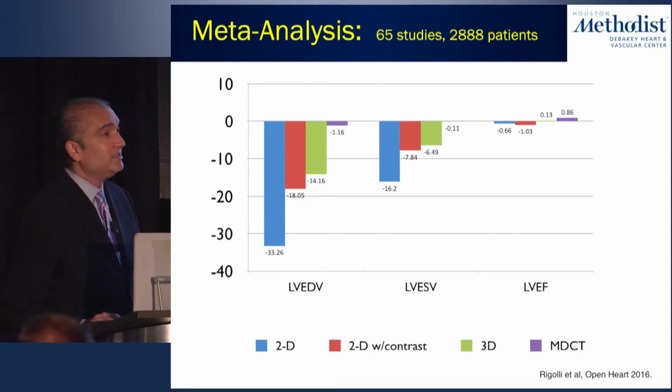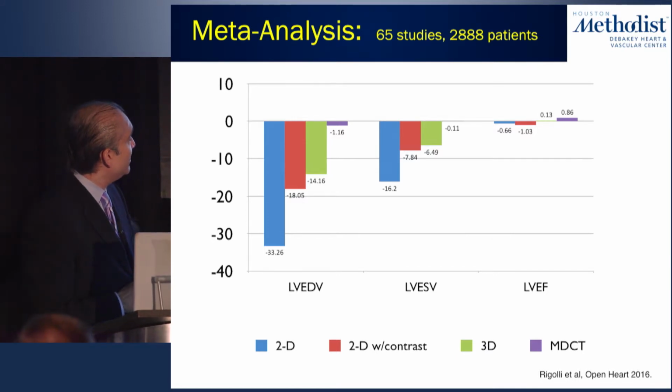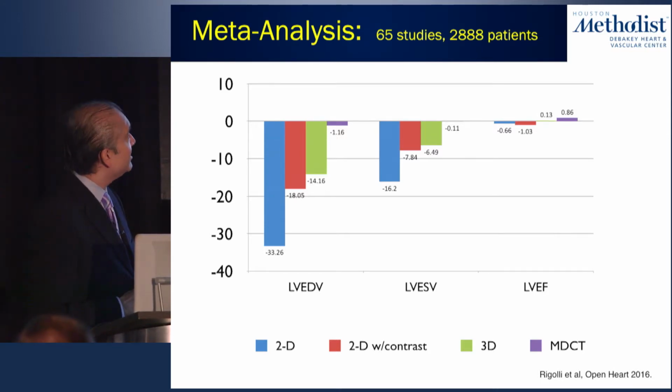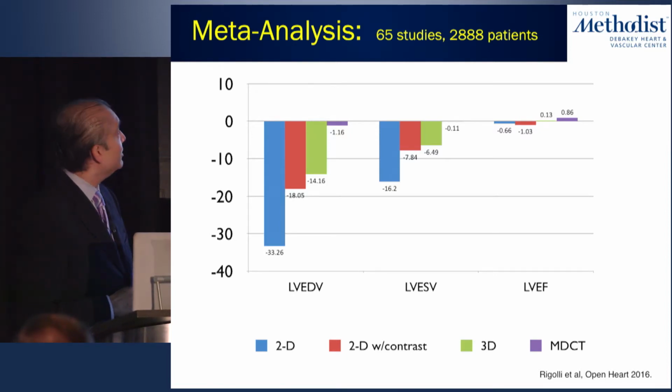This actually is a meta-analysis of 65 different studies with close to 3,000 patients, again showing that by 2D echo, there's a significant negative bias. In other words, LV volumes by 2D echo are much smaller than they are by reference CMR in the same patients. 2D echo with contrast reduces that bias, 3D echo has a slightly lower bias, but still on the order of about 14 mLs.